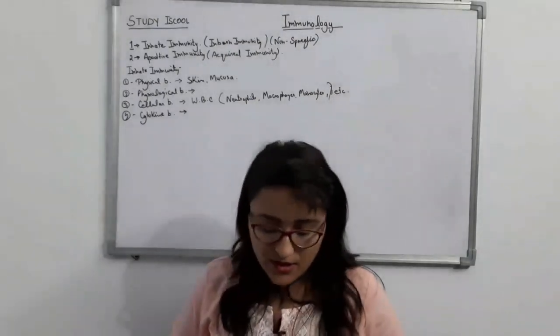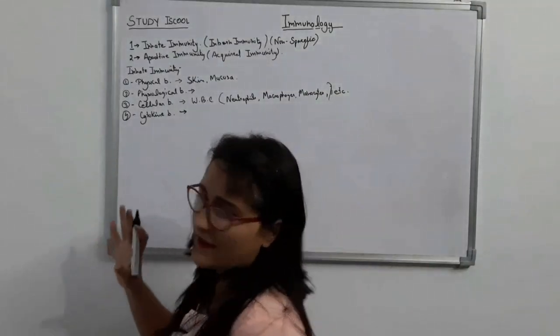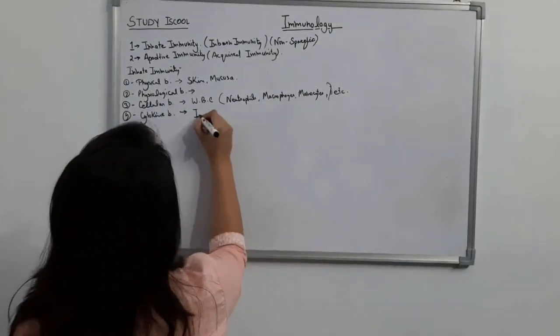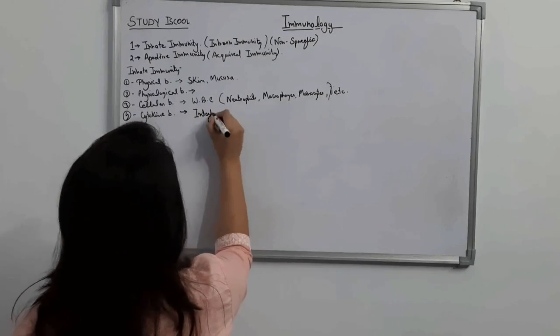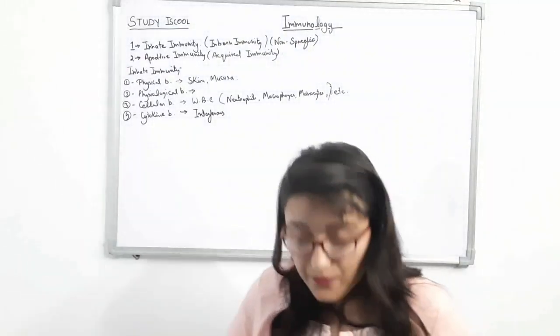Cytokine barrier. Cytokine barrier is mainly interferons. Interferons are mainly active during viral infection.